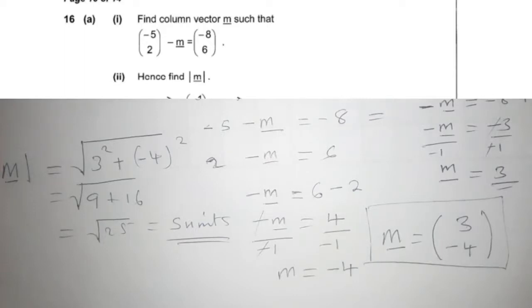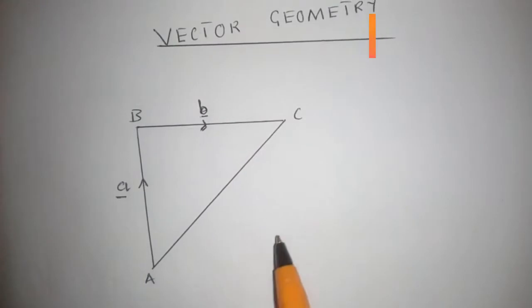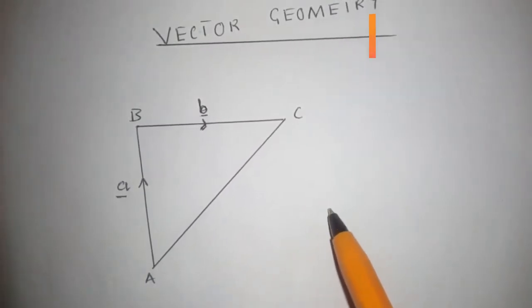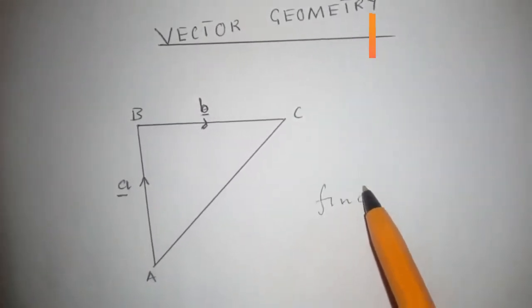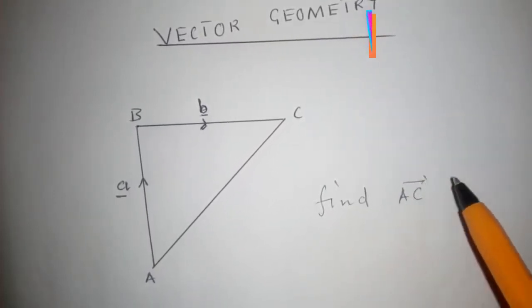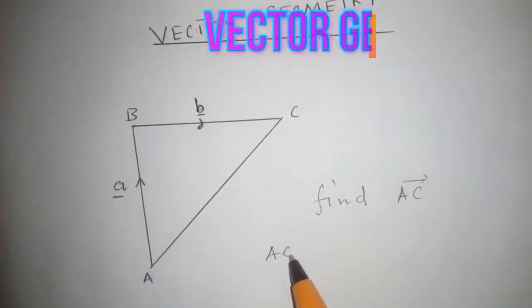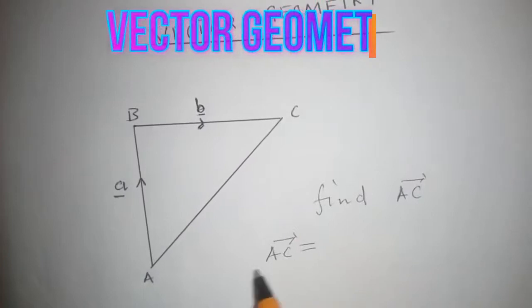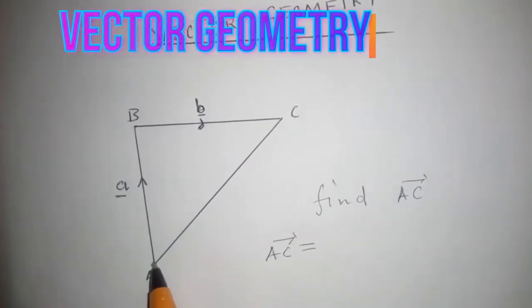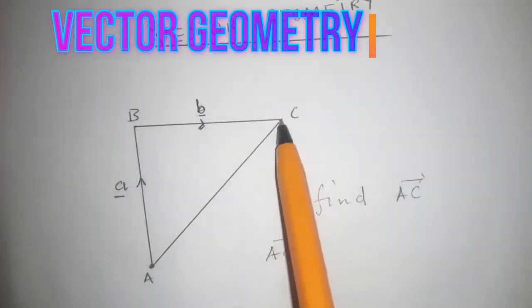Let's check another work which we need to do. This is vector geometry. In this case, you may be asked a question to find vector AC. When you've been asked to find vector AC, you check where A is, it's here. If you don't want to move this way from A to C, which other way can you move?